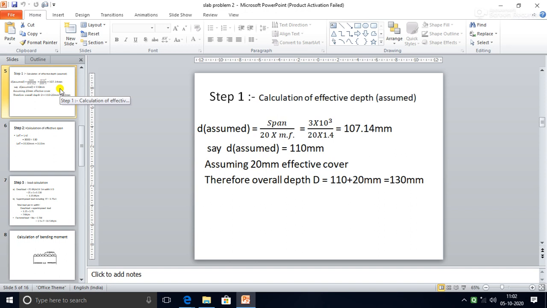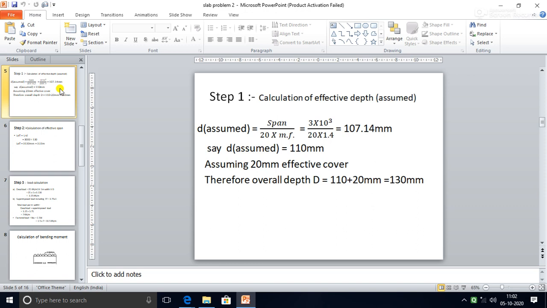Then step first, calculation of effective depth. That is, d assumed is equal to span upon 20 into MF. Span is given as 3 meter, that is 3 into 10 to the power 3 in mm, upon 20 into 1.4, that is 107.14 mm. Say 110 mm. We have to increase the depth. As depth increases, the bending moment reduces. So we are going to increase this depth.